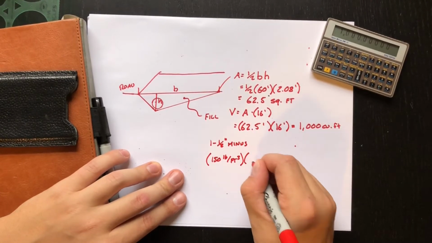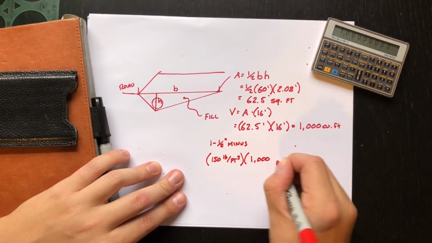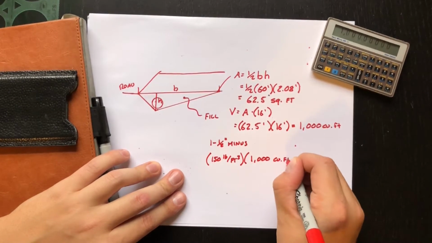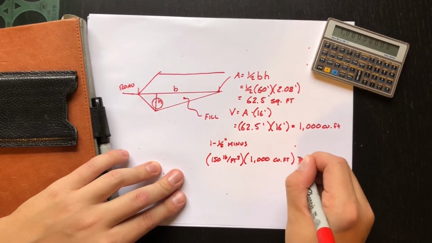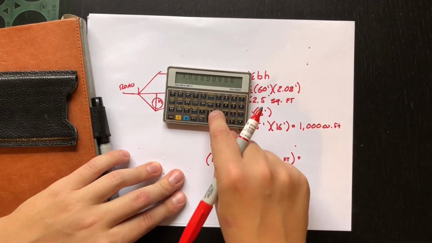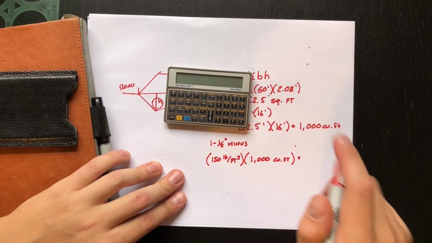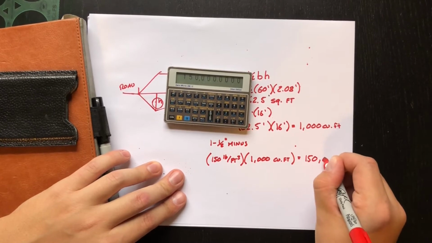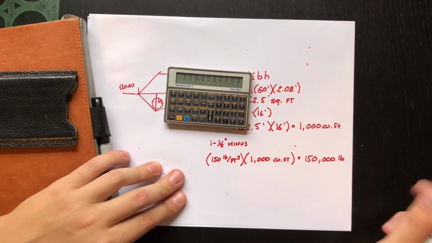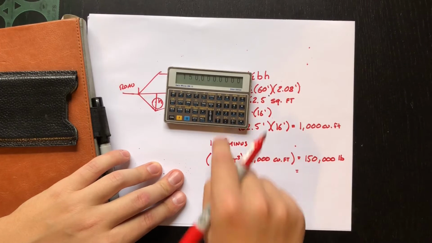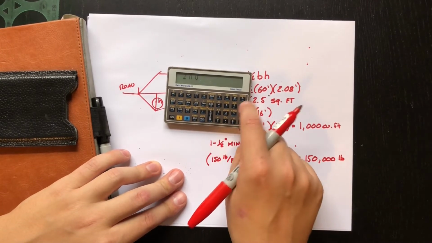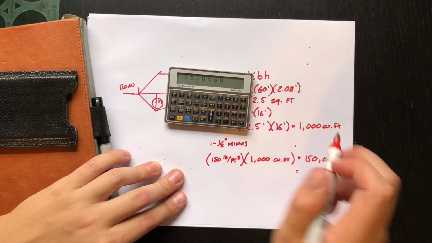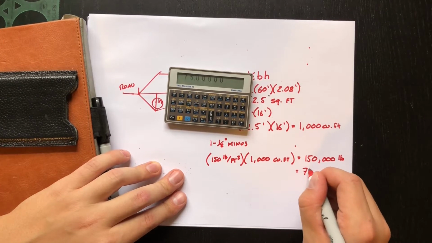So if I multiply that by the 1,000 cubic feet I need, I get 150,000 lb. And everyone in the industry works in tons, so we just divide that by 2,000. And that's 75 tons.